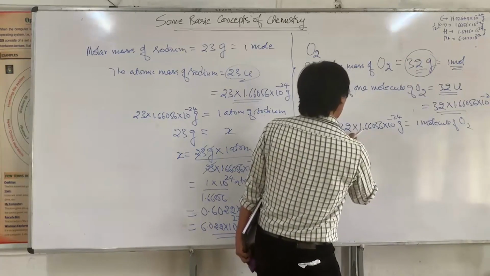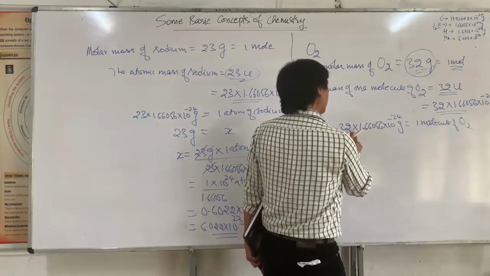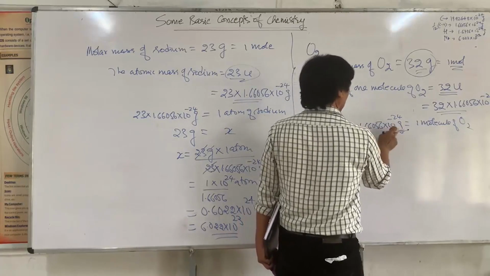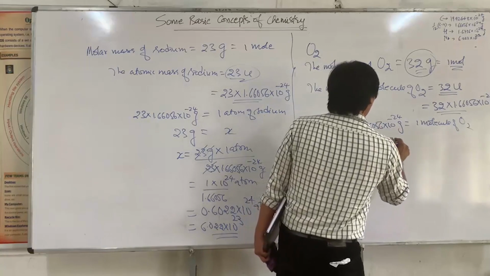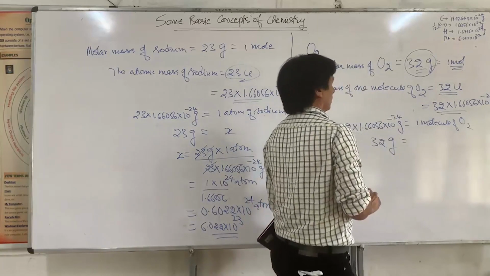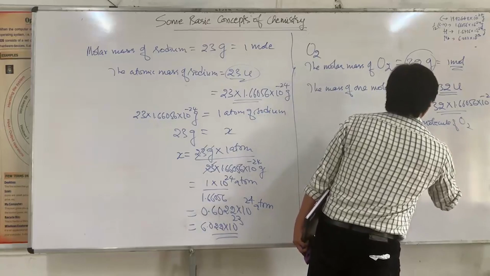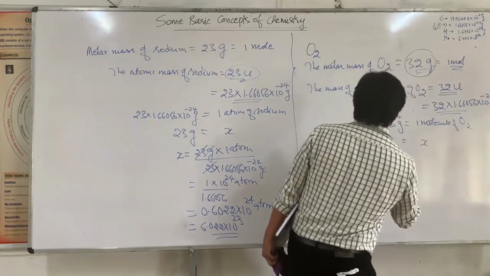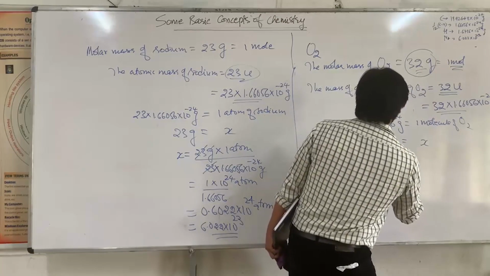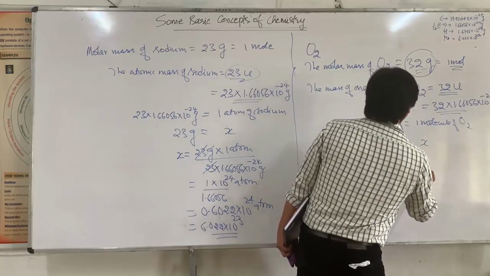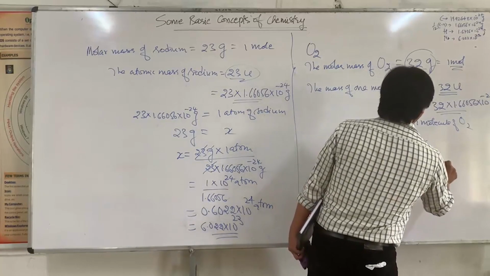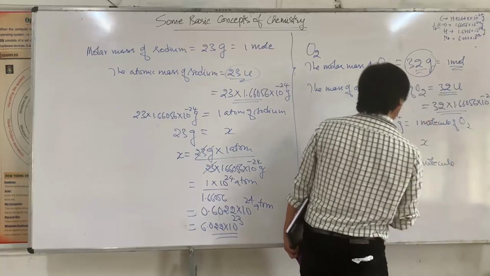This is the mass in grams of just one molecule of oxygen. And when you have 32 grams of oxygen, this is equal to how many molecules? Let's take it as x, and when you cross multiply, x is equal to 32 grams into one molecule. We'll get the final answer in terms of molecules.